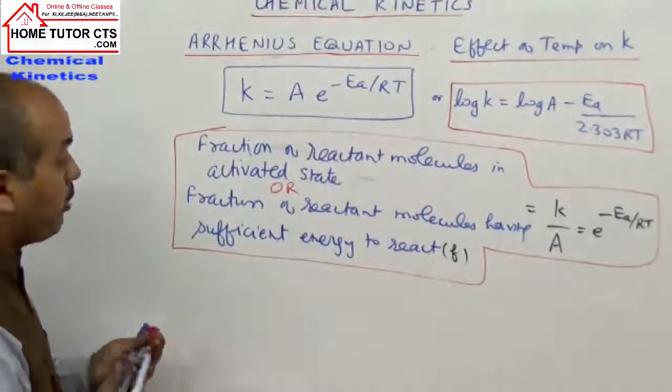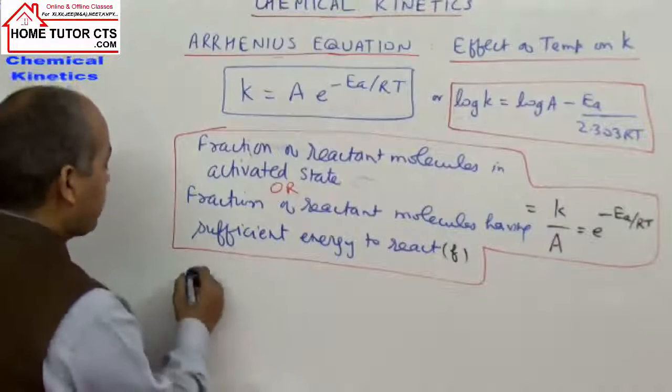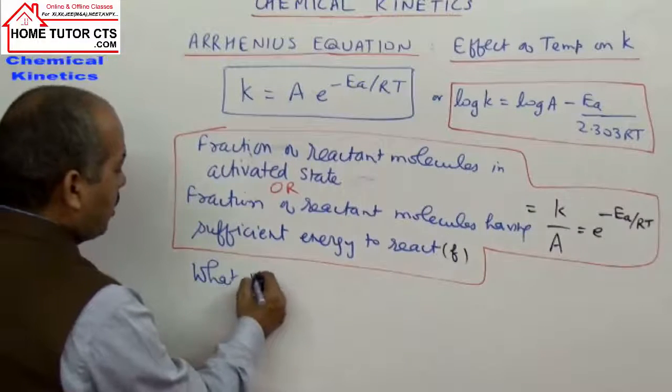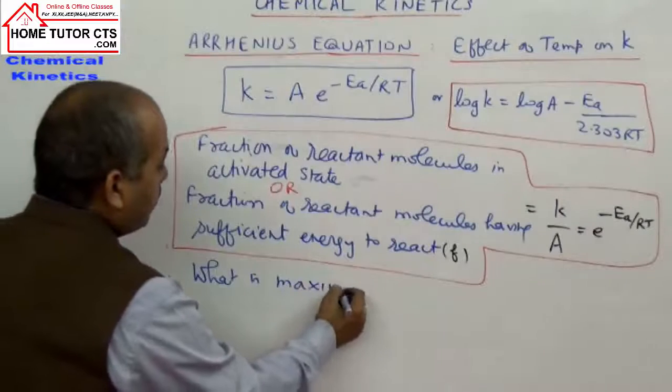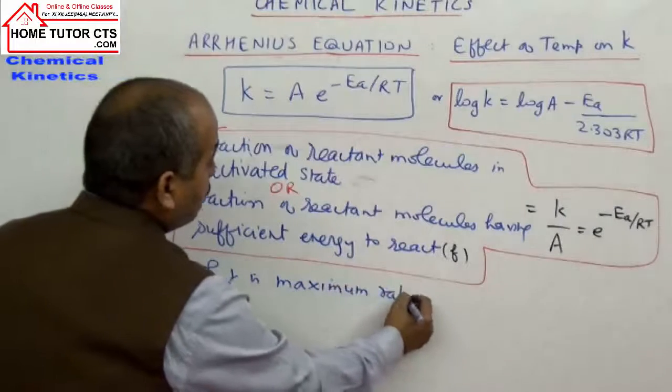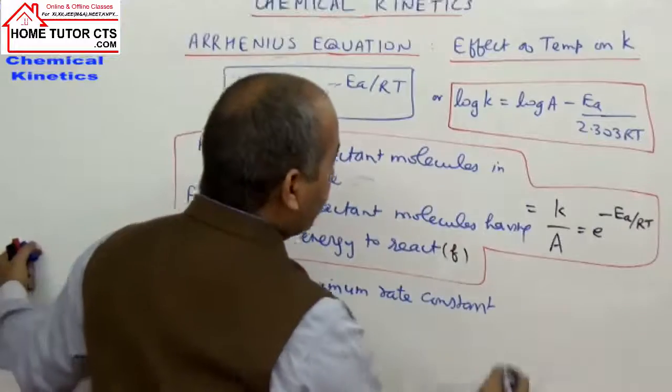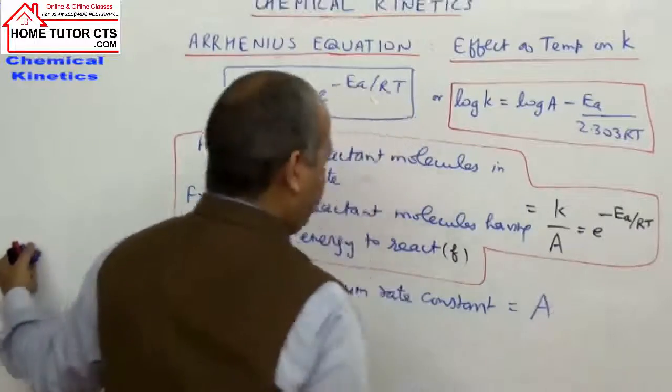That is one point. The second point they ask: for the reaction, what is the maximum rate constant? It is given as equal to capital A only.